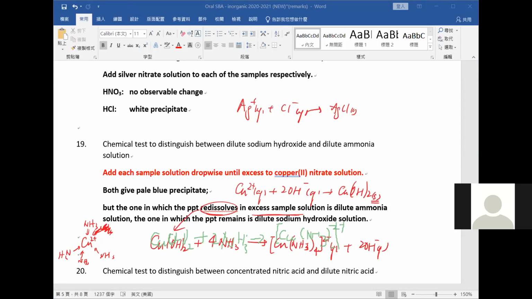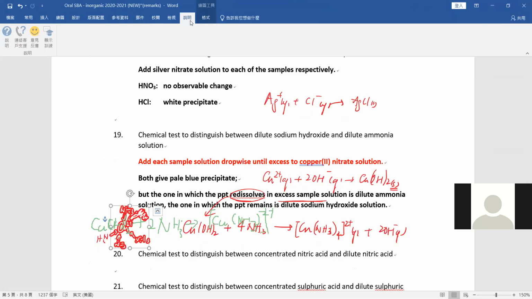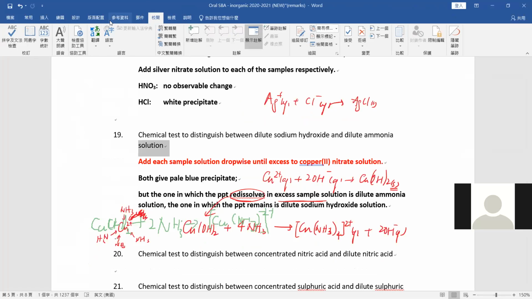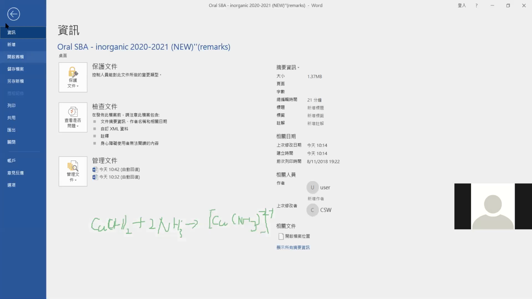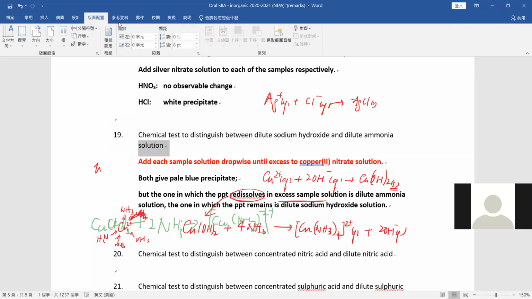How about the other one? It is on the silver. For silver one, we will call it as a diamine silver ion. So it makes a difference between them.